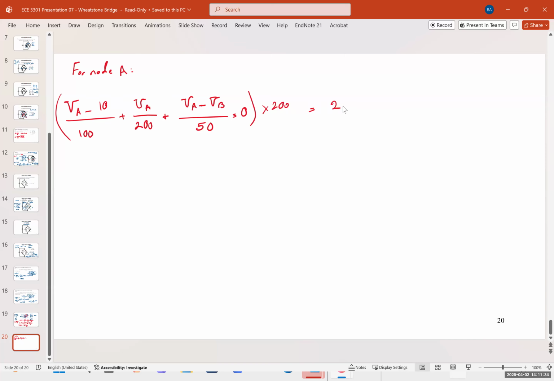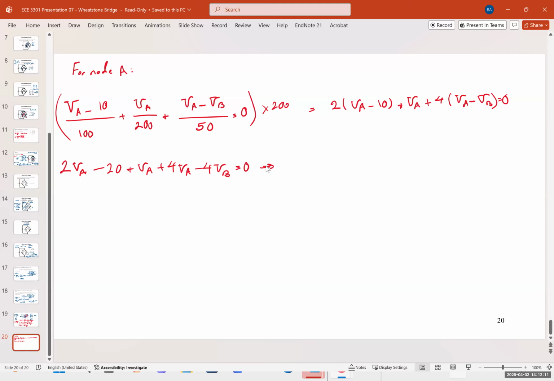So we're going to have 2 times VA minus 10 plus VA plus 4 times VA minus VB would be equal to 0. So 2VA minus 20 plus VA plus 4VA minus 4VB is equal to 0.